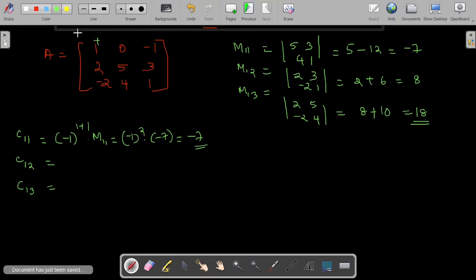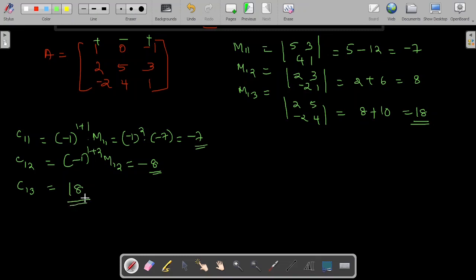C12 means minus 1 to the power 1 plus 2 into M12. Its sign is minus. M12 is 8, so it is minus 8. For C13, the sign of the element in the first row, third column is positive, and M13 is 18, so plus 18. So this is how we find minors and cofactors for a 3 by 3 matrix.